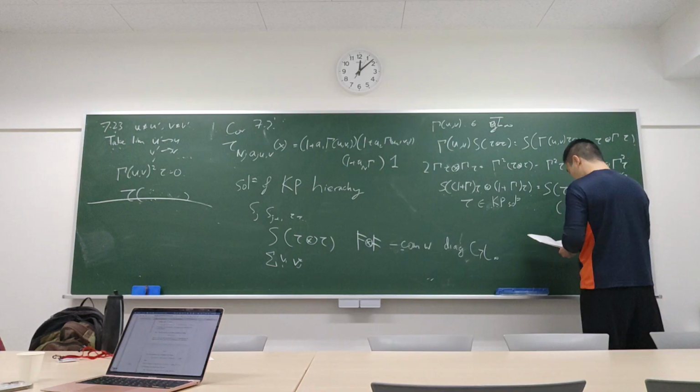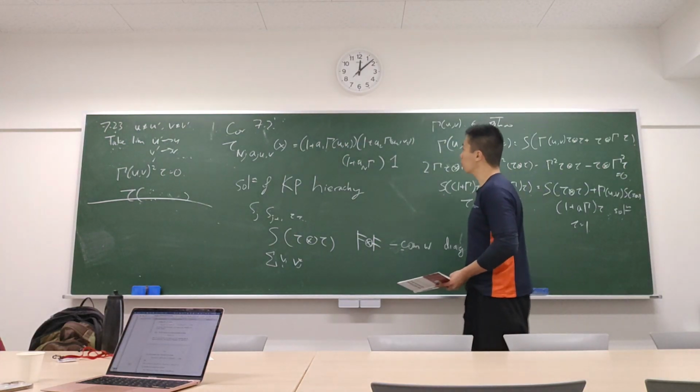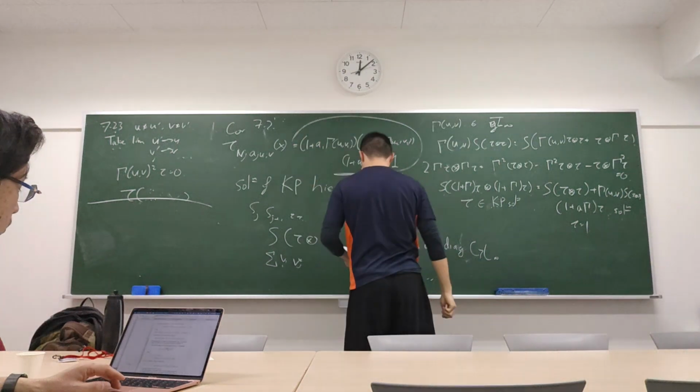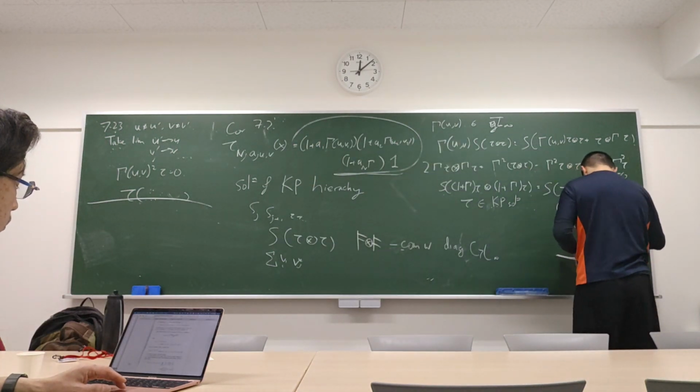And because tau equals 1 is a solution, this whole thing is a solution. So the corollary is proven.